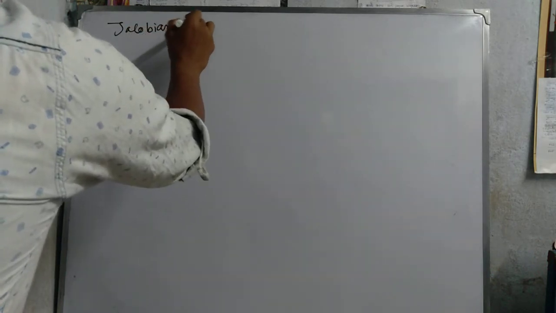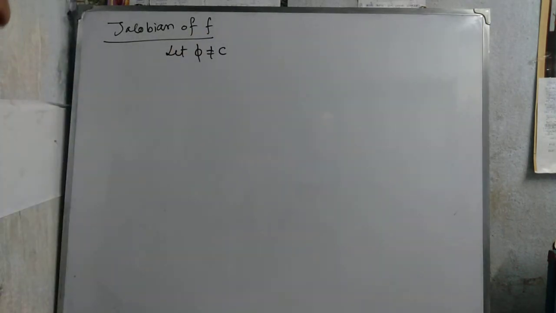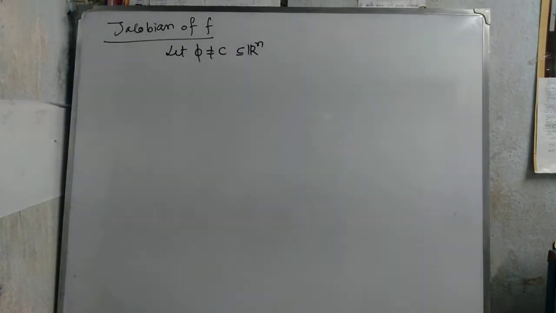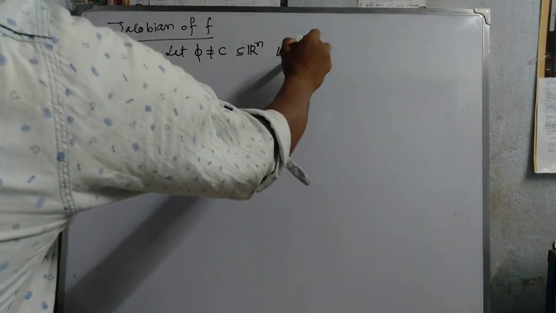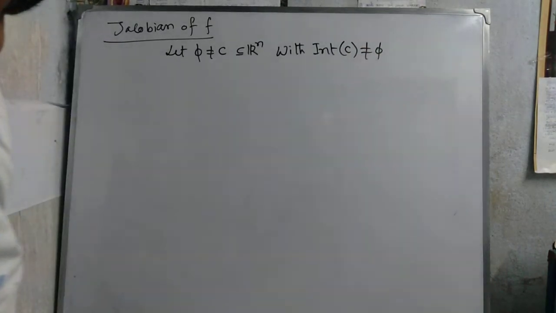Now we are going to the Jacobian of a function. So we write here Jacobian of f. Let phi not equal to C, a subset of R^n, with interior of C not equal to phi.